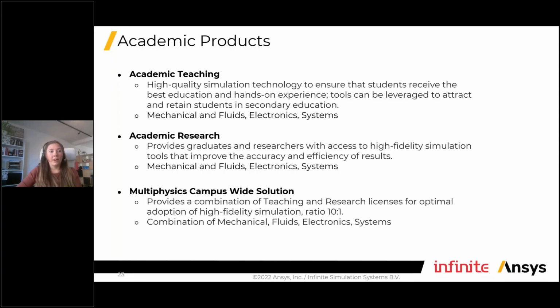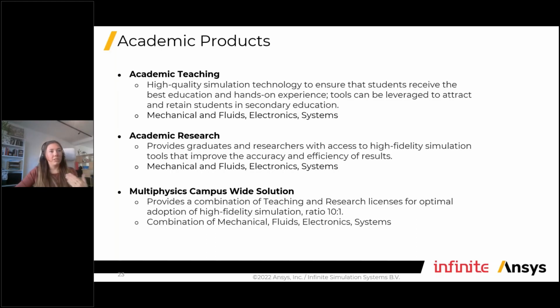Then we also have something interesting, which is a combination of those two, called the Multiphysics Campus Solution. It is actually a combination of both teaching licenses and research licenses, not specific for one type of product, but for everything.